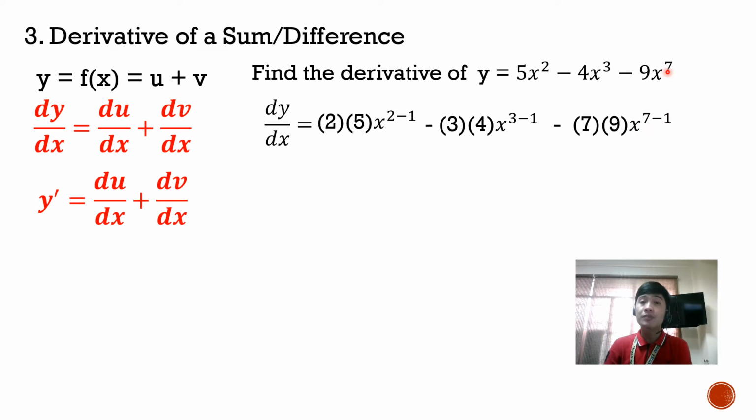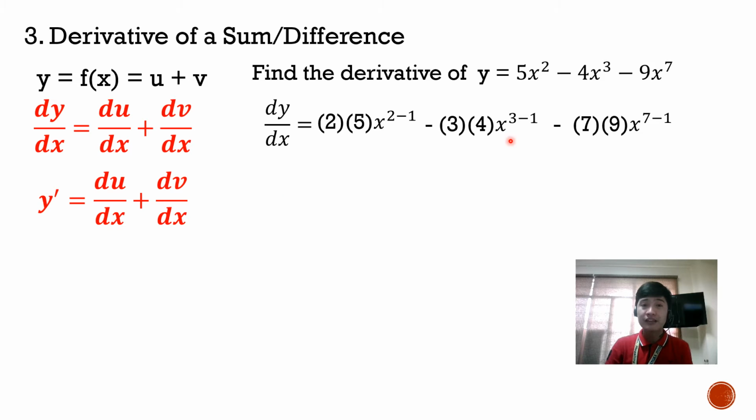That's the effect of the derivative of a power times 9, x raised to 7 minus 1. The exponent is brought down, multiplied to the given function raised to the exponent minus 1. So that is the derivative of each function.